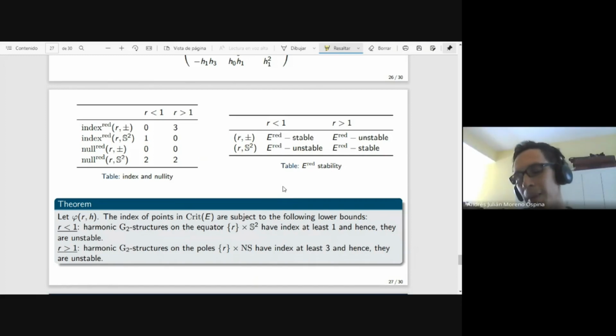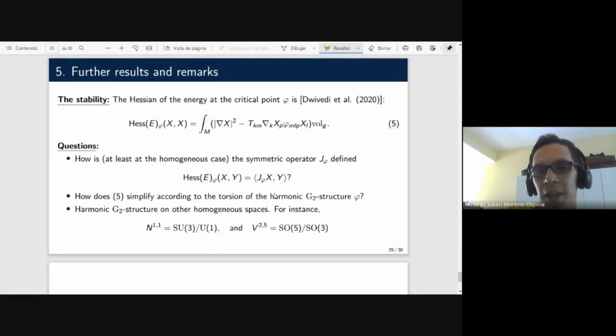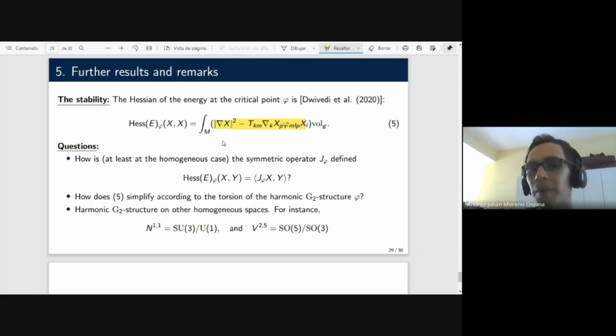Perhaps in the nearly parallel case they are global minima, because you can simplify this equation when the G2 structure is nearly parallel. So you can always prove that the Hessian of the energy functional is always non-negative, right? That's very nice. Yes.